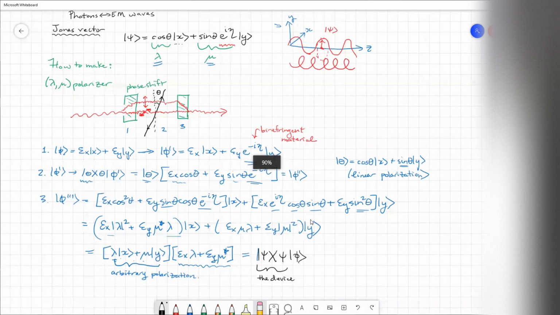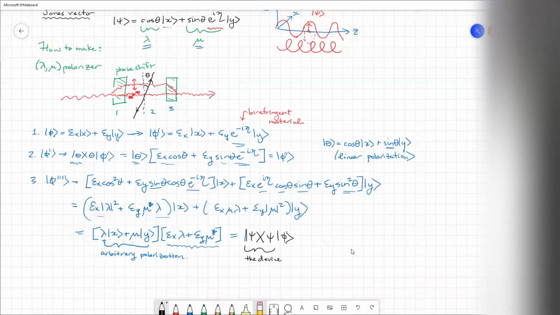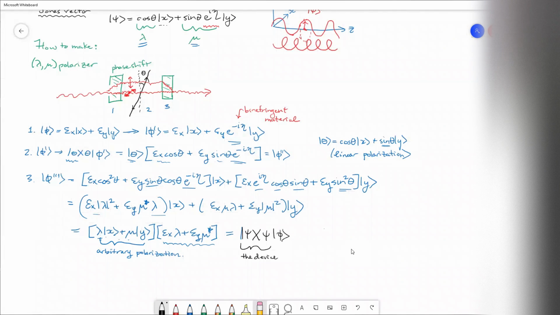And we can write this device projector in matrix form if we want. It's just lambda squared, lambda mu star, lambda mu, and mu squared. Yeah, so that's how you would do it.